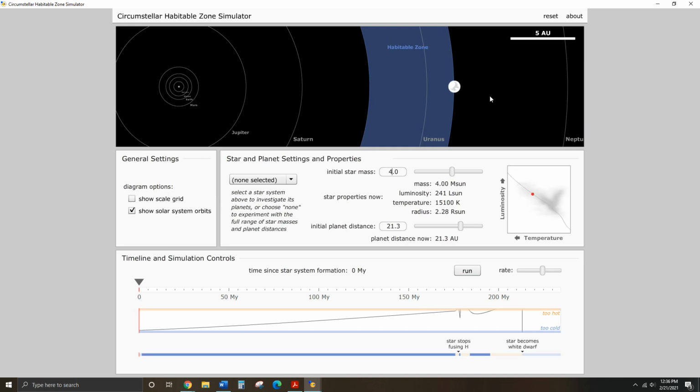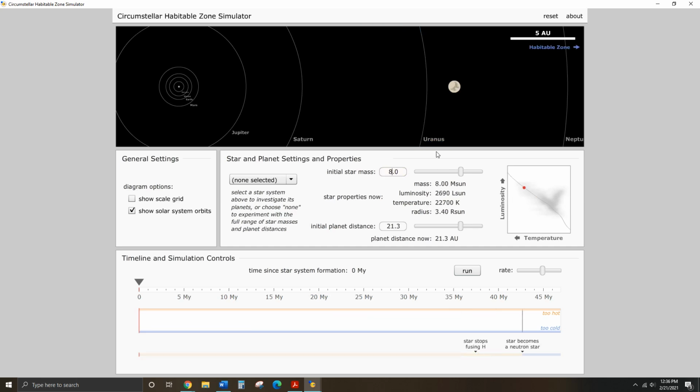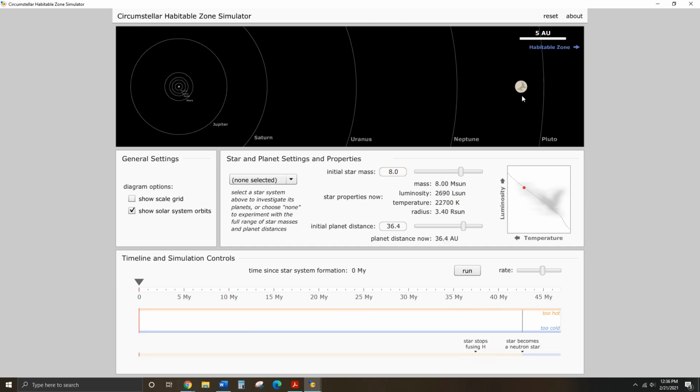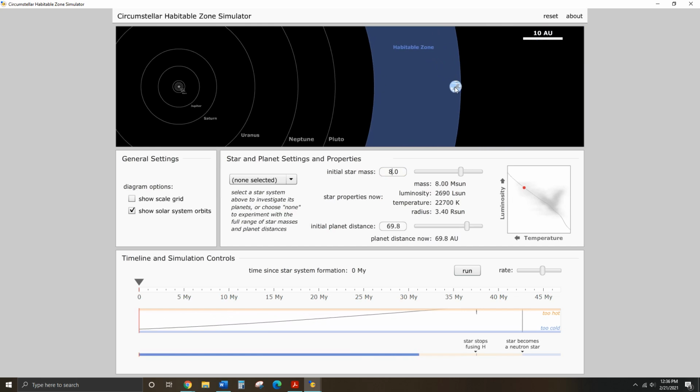Outer boundary. Going up to 8 now. We're at 8 solar masses. Here's that inner boundary. Here's that outer boundary.